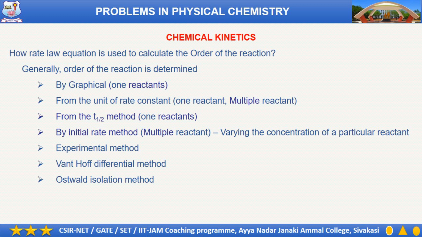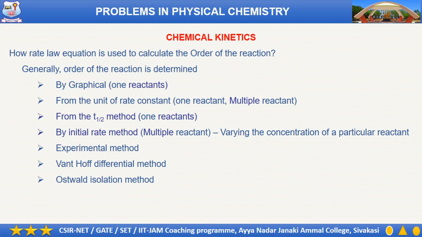Accordingly, you can determine the order of the reaction with respect to B. Then keep the concentration of A and B constant, vary the concentration of C, from which you can find out the order of the reaction. In some other questions, after finding the k, you find out the rate of the reaction when the concentrations of A and B are given. Therefore, by this method, you can first find out the order of the reaction.